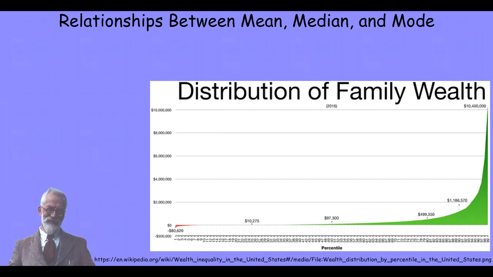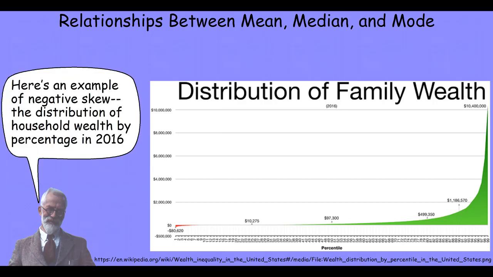To illustrate how relating the mean, the median, and the mode can give us insight into a population, I pulled this graph off of Wikipedia. This is an example of an extreme negative skew. It's a graph of the distribution of household wealth by percentage of the US population in the year 2016.